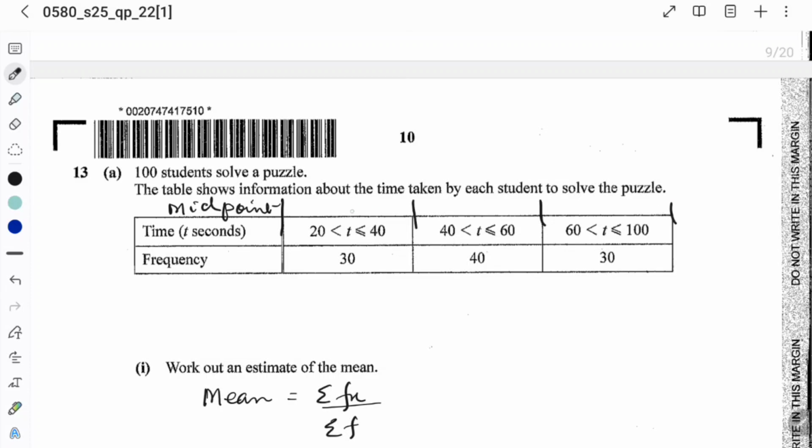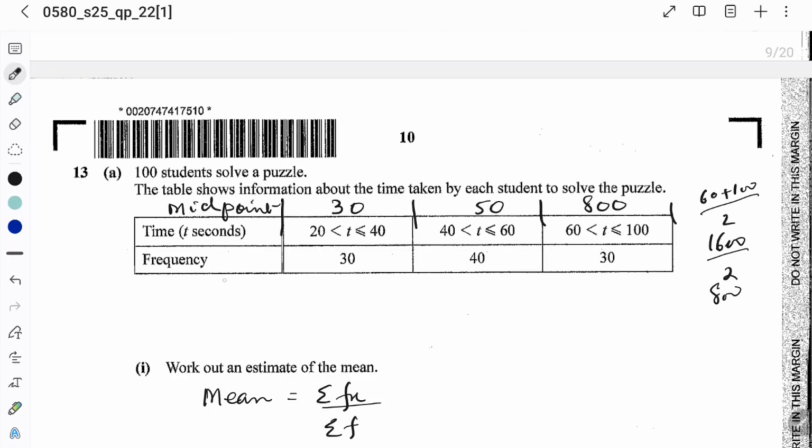The midpoint for 20 to 40 is 30, and then 40 to 60 it's 50, and for 60 to 100, 60 plus 100 upon 2, 160 upon 2 is 80, which is the center. Any time you need to find the center number, add those two numbers and then divide by 2, because you are finding the center of two numbers. That's why you divide by 2.